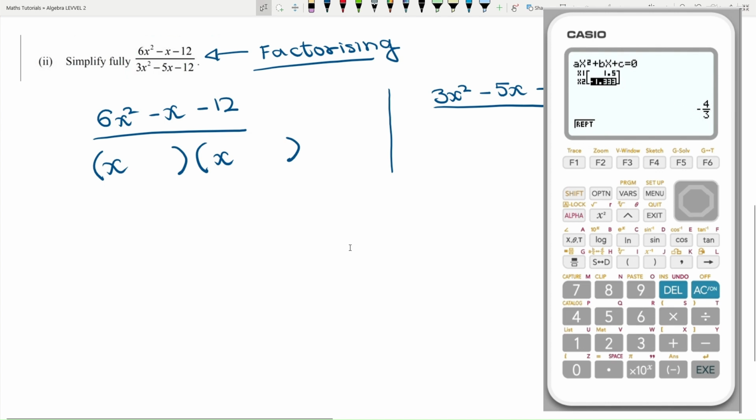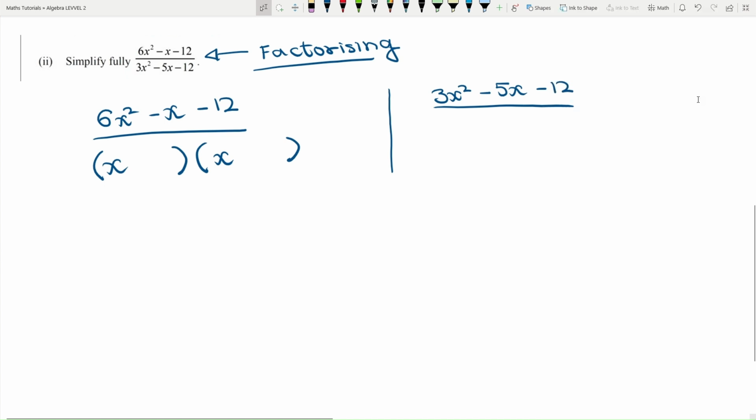Now let's get that onto our paper. So the values we got were x equals 1.5 or x equals negative 4/3. So to put it into the brackets, you're going to write negative 1.5 and positive 4/3.